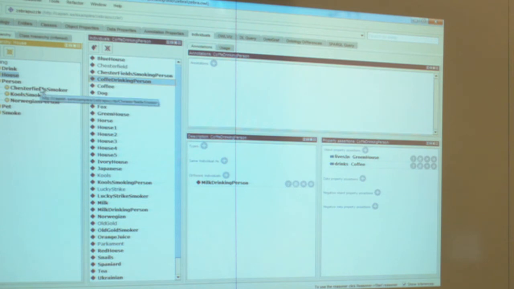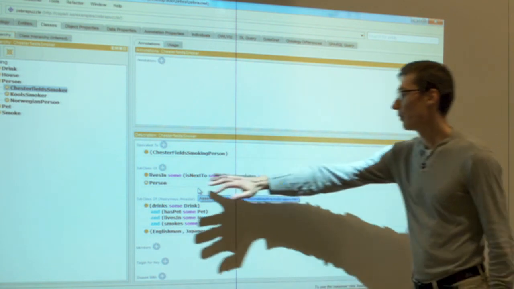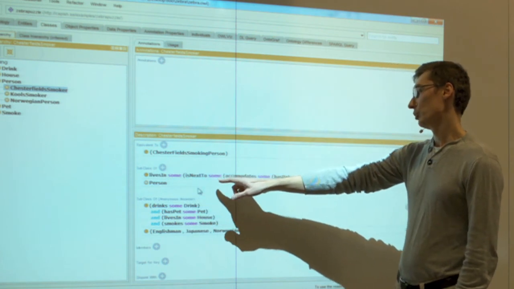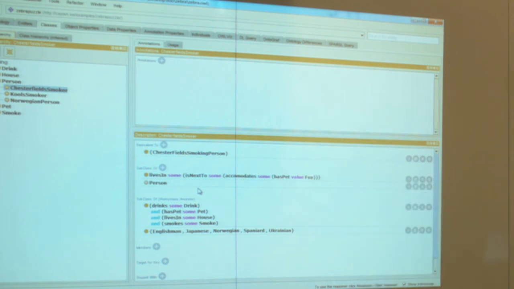We can't create very advanced statements about the instances, so we create a class, and here is how we formulate the rule. We say that it lives in something which is next to something which accommodates something which has pet fox. A pretty long statement, but it's logically correct, so we can do even complicated statements. Well, that's roughly it.